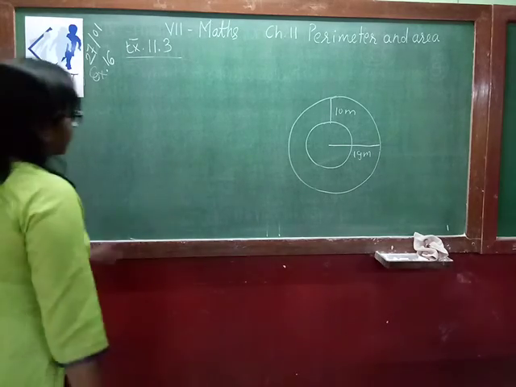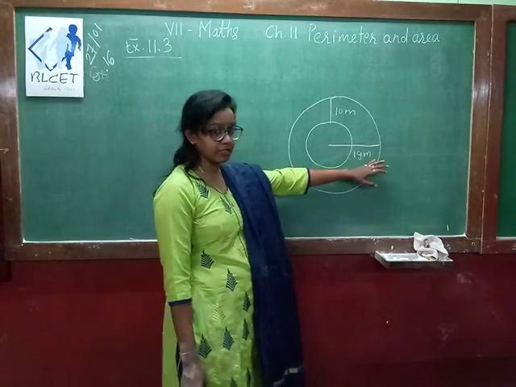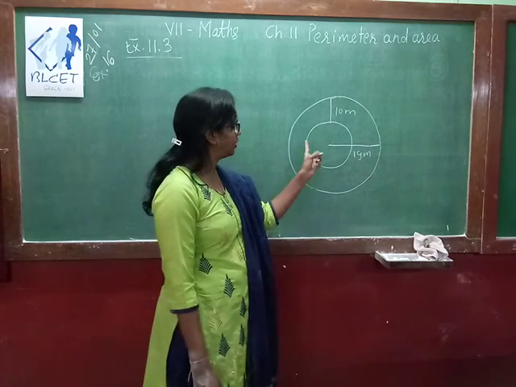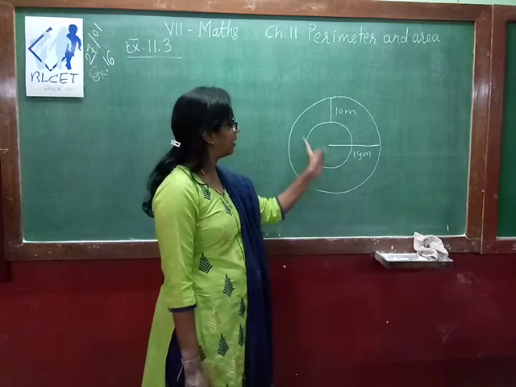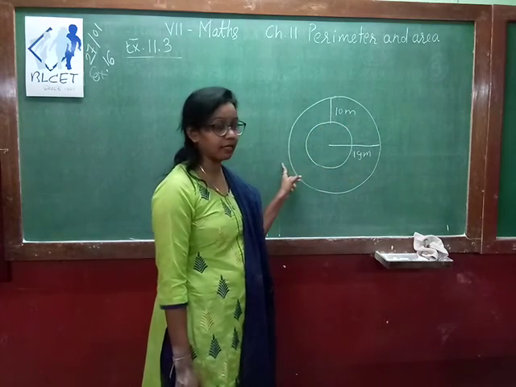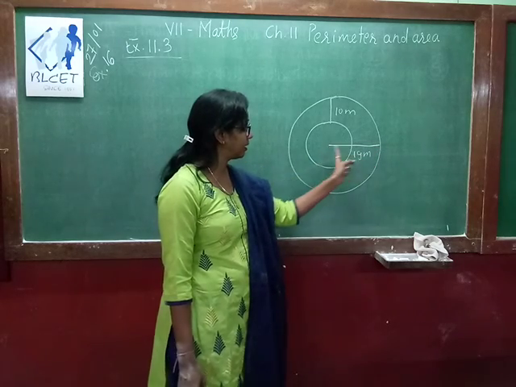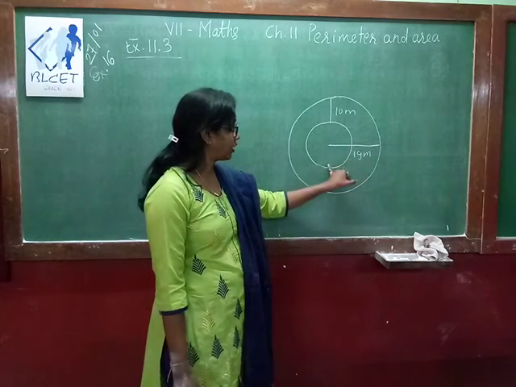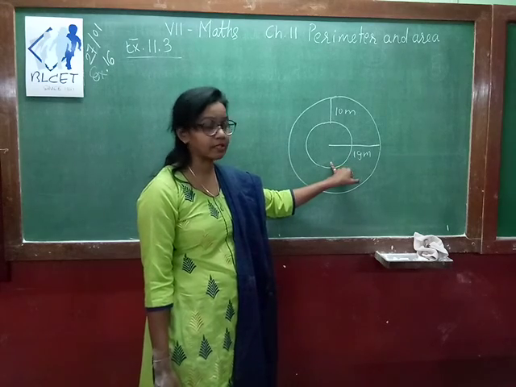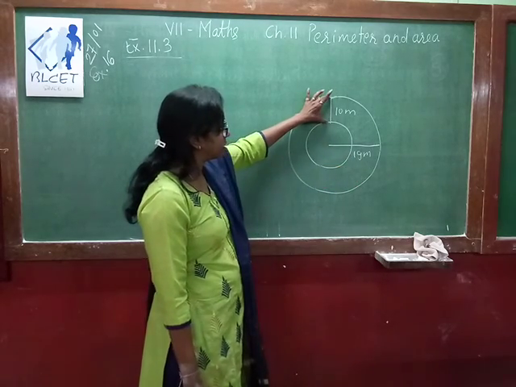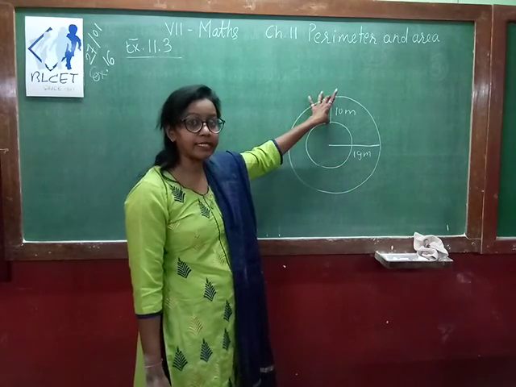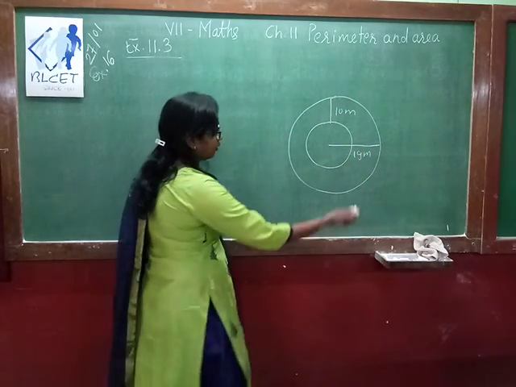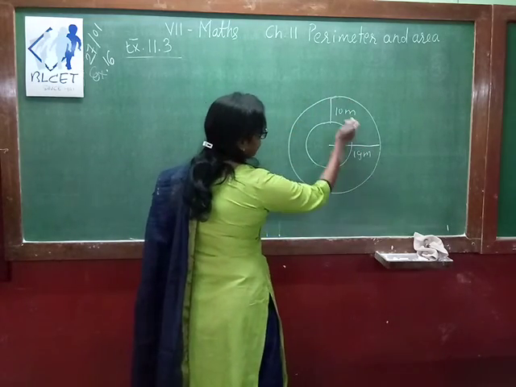So for question number 15, this is the diagram which is given. If you want to find the circumference, you should know the radius of this smaller circle and the radius of this bigger circle. So here the radius of the bigger circle is already given, that is 19 meter. So you have to find what is the radius of this smaller circle. Already this much distance is given, that is 10 meter, and the total is given, 19 meter. So what we have to do, this total minus 10 meter.